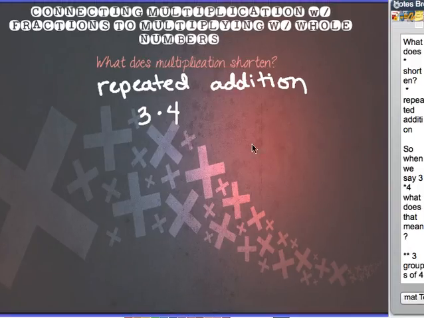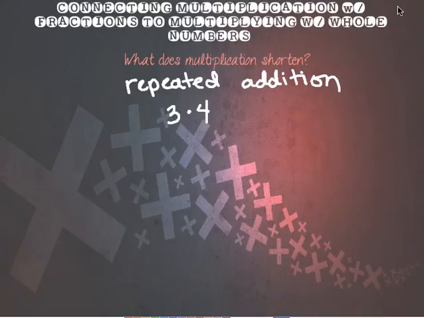If I were to look at it as an addition problem, it would mean 4 plus 4 plus 4, because I have 3 groups of 4. So there's 4 in this group, 4 in this group, 4 in this group.